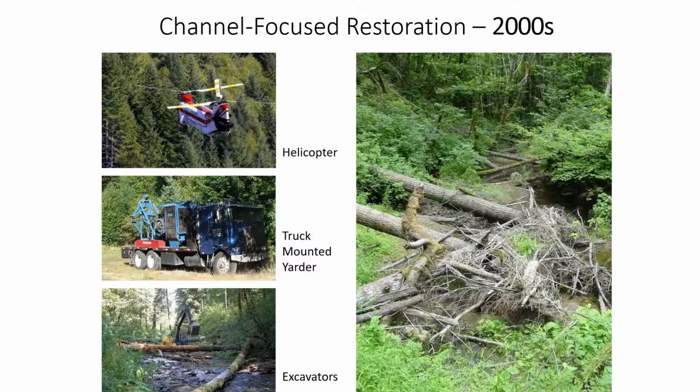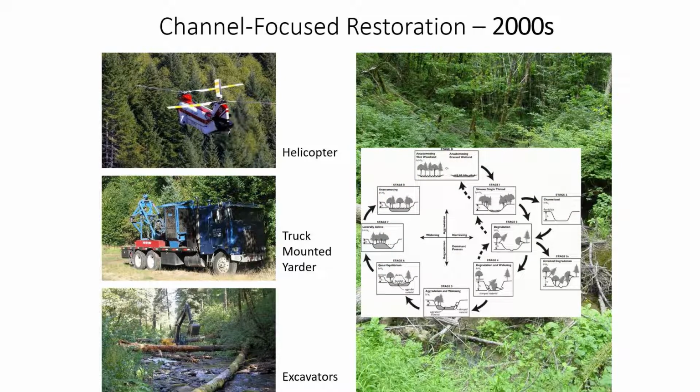And moving into the 2000s, I would argue we're still focused on the channel. We were putting a lot more wood in, spanning the channel, working more at the reach scale, which is a big improvement. But I had plenty of folks tell me if that wood was not in the channel, in the water, it would not help fish. And that concept has really changed over the years.